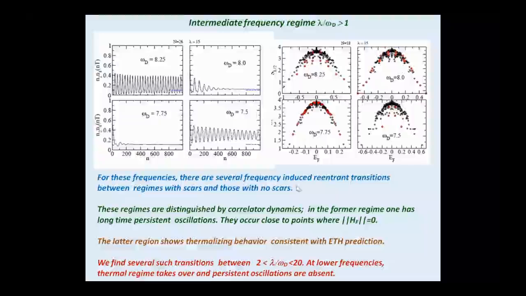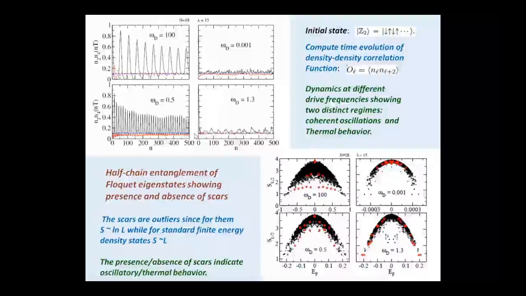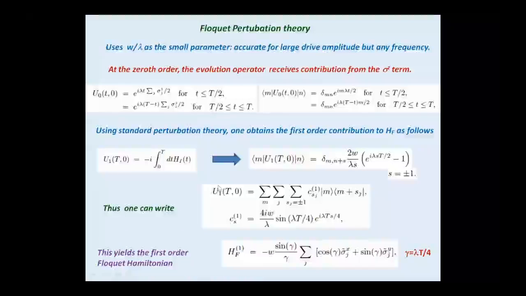So why does this happen? This can be understood from the Floquet Hamiltonian. You see that 7.75 turns out to be the point where this gamma is pi. If gamma is pi, the first order term in the Floquet Hamiltonian, which is usually large compared to the higher orders because gamma is a large parameter, goes to 0 because of this sine gamma.